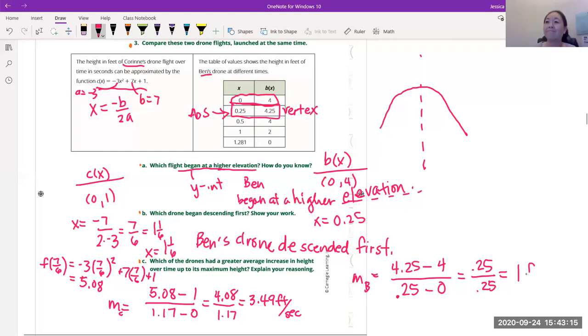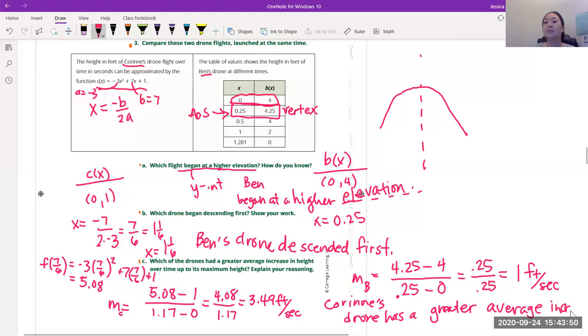So who's faster? Who has a greater average of increase? Yep, it's going to be Corinne. You're going to have to figure that one out. Corinne's drone has a faster or greater average increase in height over time.